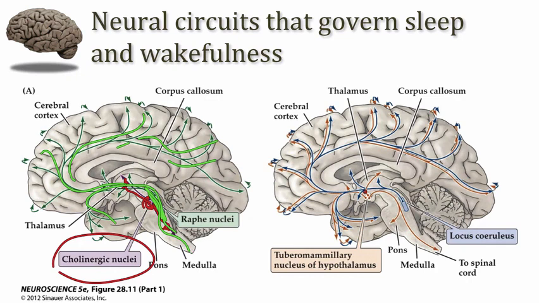The tuberomammillary nucleus is a very small nucleus in the posterior part of the hypothalamus, and it gives rise to projections that extend throughout the entire central nervous system. And these projections release histamine.